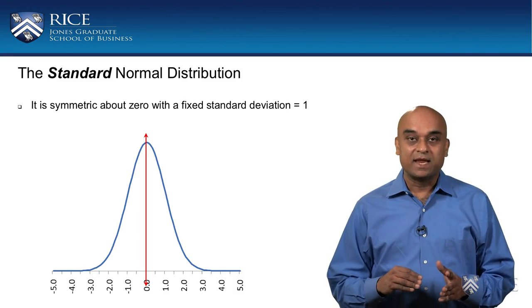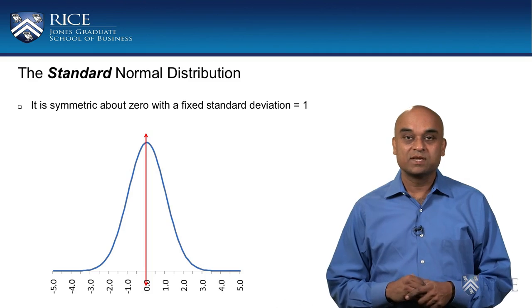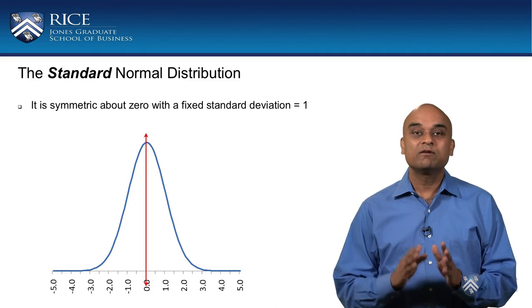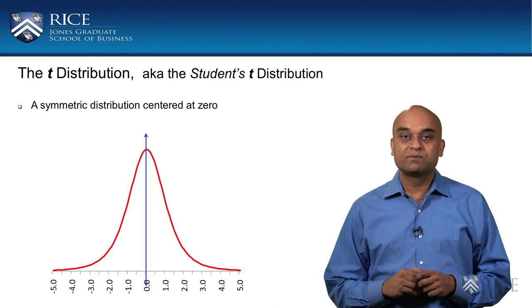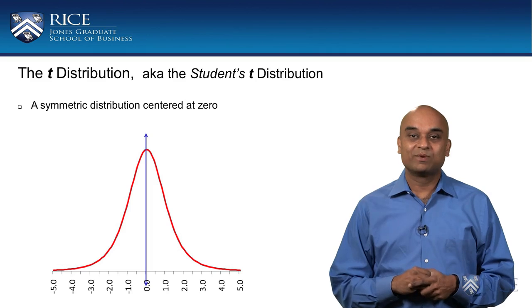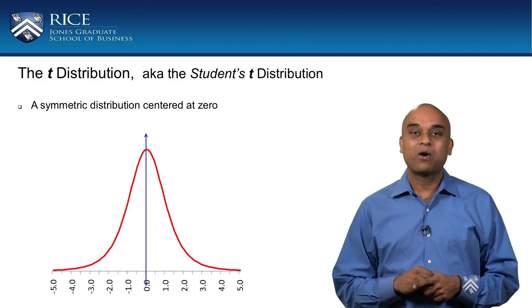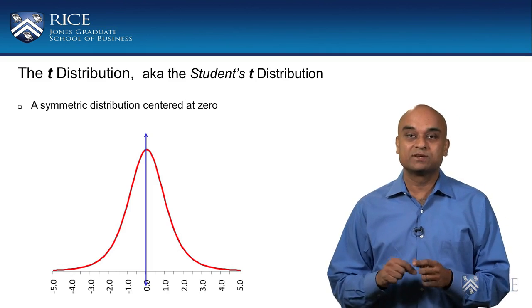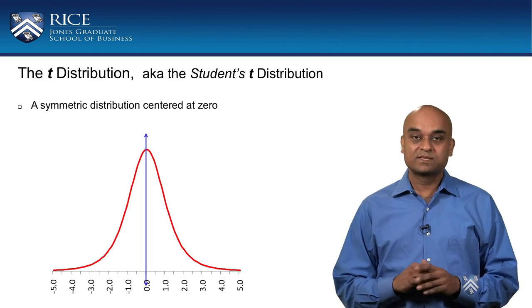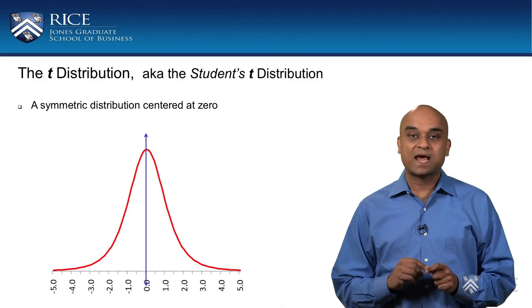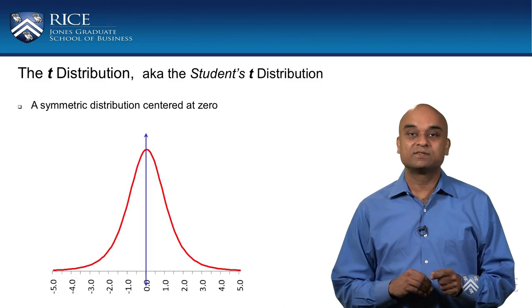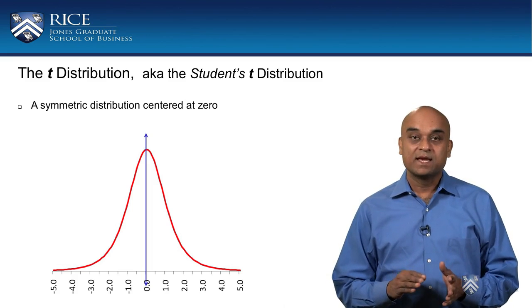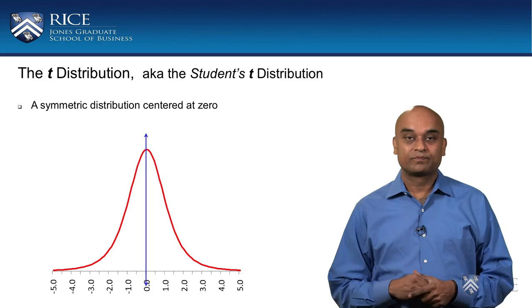That is, it is a symmetric distribution centered at 0 with a fixed standard deviation. Another continuous distribution similar to the standard normal is the T distribution, also known as the student's T distribution. This distribution, just like the standard normal, is also a symmetric distribution centered at 0. That is, it has a mean equal to 0.